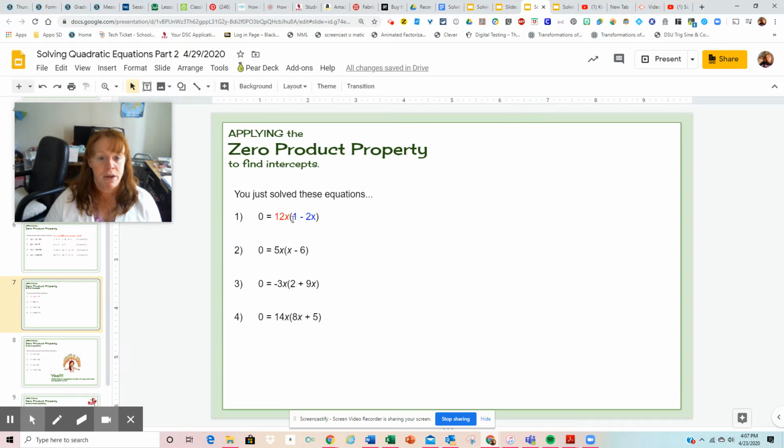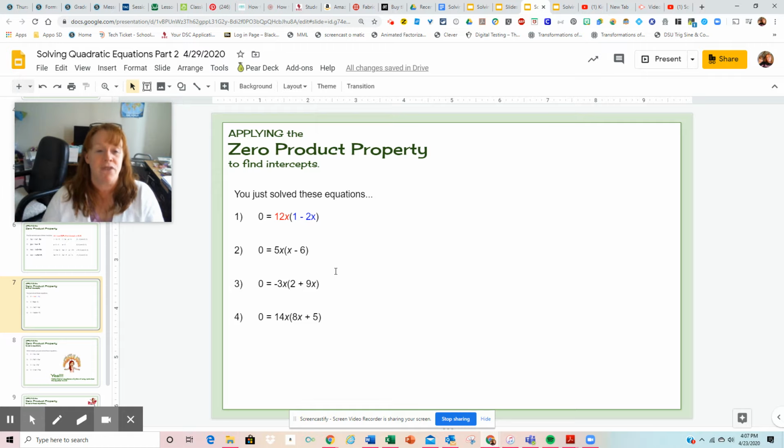And that's going to happen when x is 0, or when x is 1/2, or when x is 0, or when x is 6, or when x is 0, or when x is -2/9, or when x is 0, see the pattern, or when x is -5/8. Those are the values that happen for all of those. So you just solve these equations.